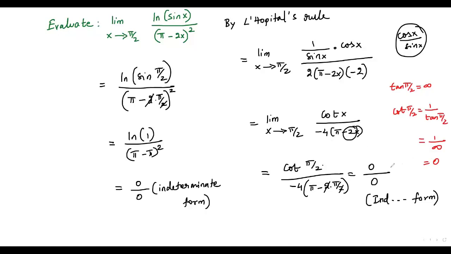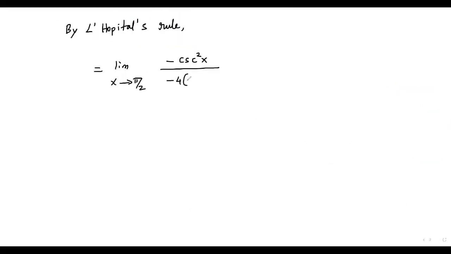The derivative of negative 2x is just negative 2. So limit x extends to pi over 2 of negative cosecant square x over negative times negative will become positive, 4 times 2 is 8. Okay, so that's all the simplification we can do.